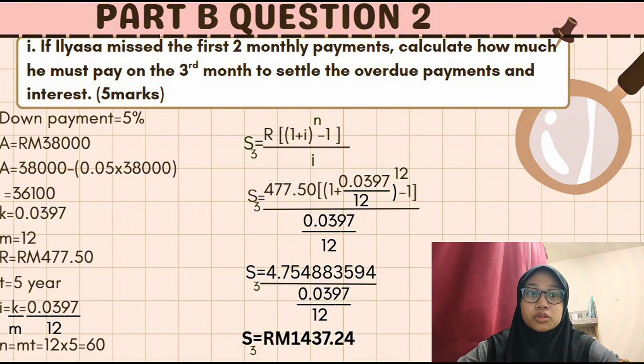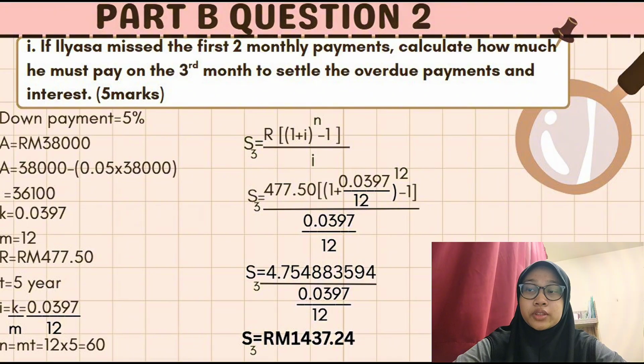Then, we have to solve this question by listing down the information that have been given in the question. We use the future value of an ordinary annuity certain formula to solve this question. Then, we set it equal to the monthly payment, which is 477 ringgit and 50 cents, multiplied by a fraction: 1 plus 0.0397 divided by 12 raised to the power of 12, bracket minus 1.